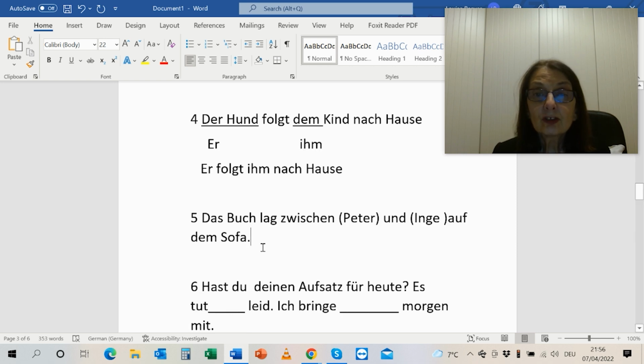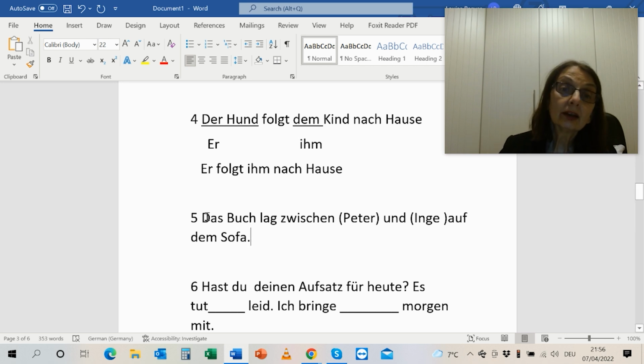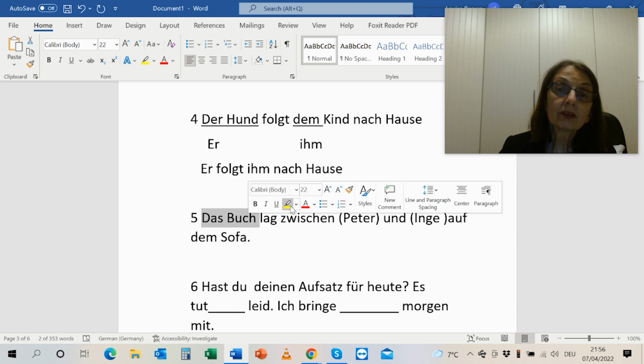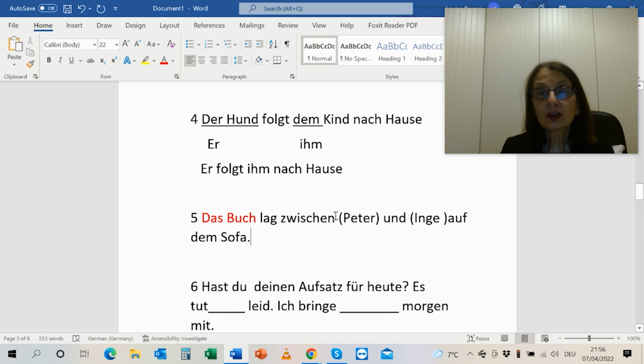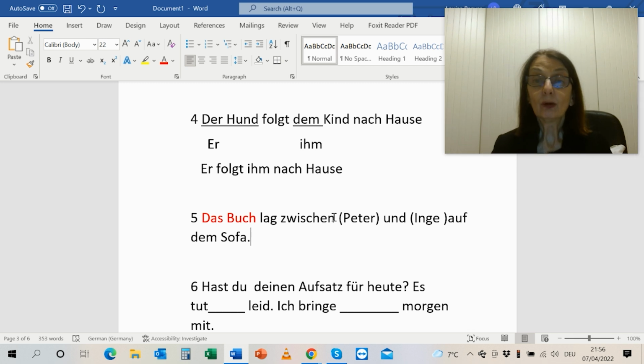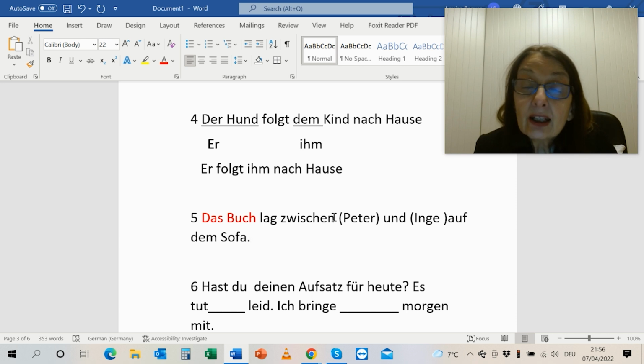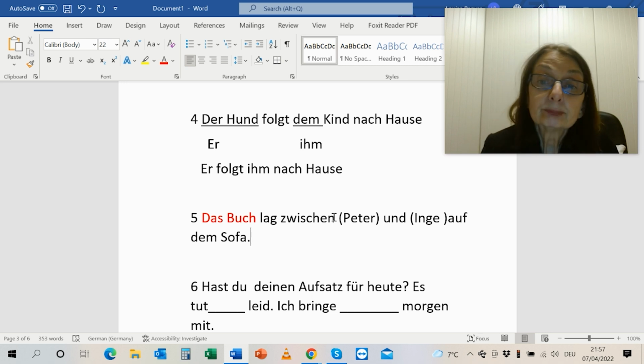Das Buch lag zwischen Peter und Inge auf dem Sofa. I might just put das Buch into a pronoun, just for the fun of it. Now we have what I call the prepositions, the snakes in the grass, because you don't know when they're going to come up to bite you. So zwischen, this is one of these: an, auf, hinter, in, neben, über, unter, vor, und zwischen. They're Wechselpräpositionen, they can go either way. But we know that if a book is lying on the sofa, it's not moving anywhere. So we're going to the dative case. What's the dative of Peter? What's the dative of Inge?